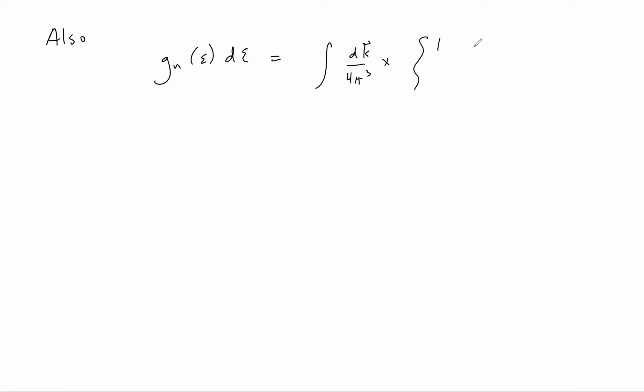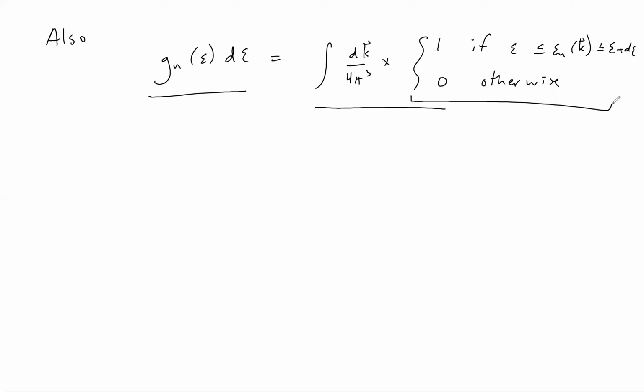So we'll write the integral like this. The total number of states in this window dE will be equal to this integral, and we've sort of replaced the delta function with this object, which gives us 1 if there is an allowed energy value within this window.